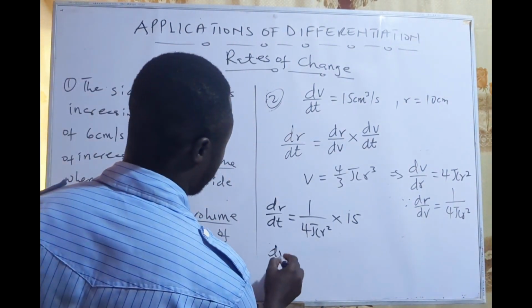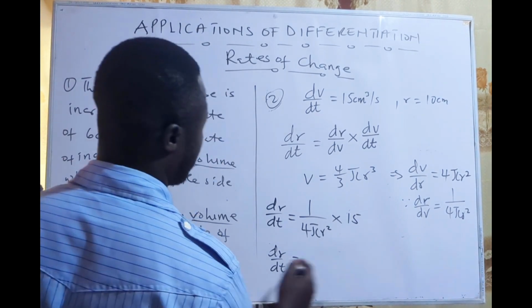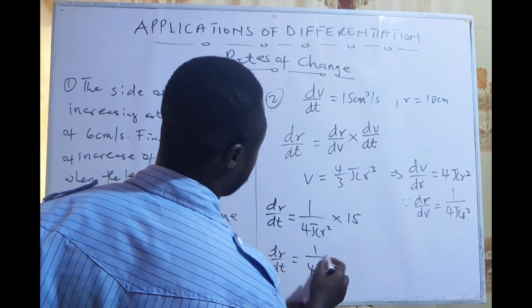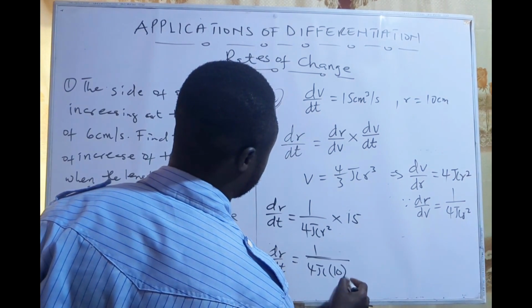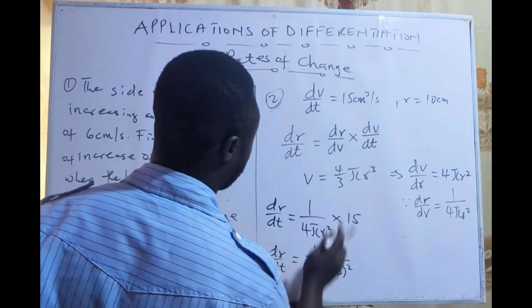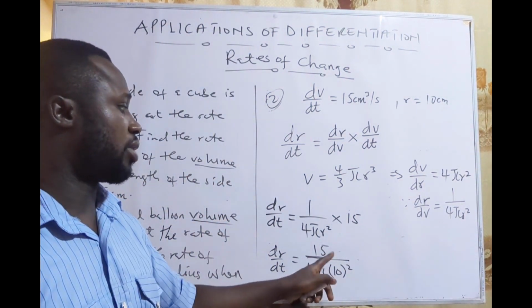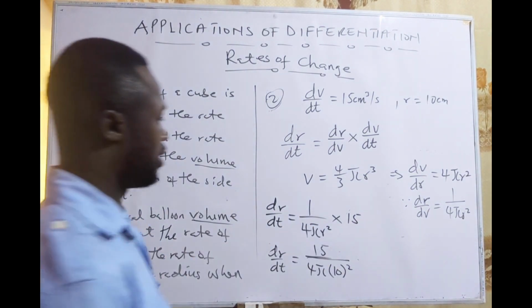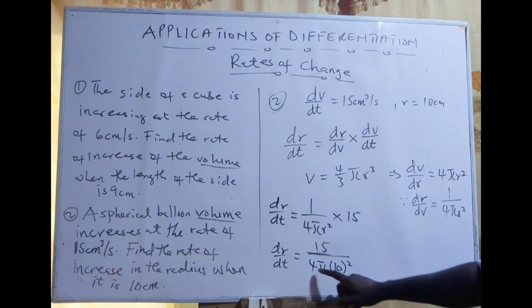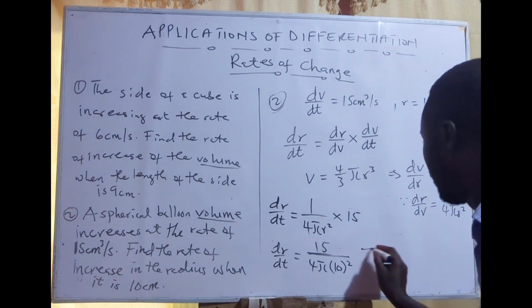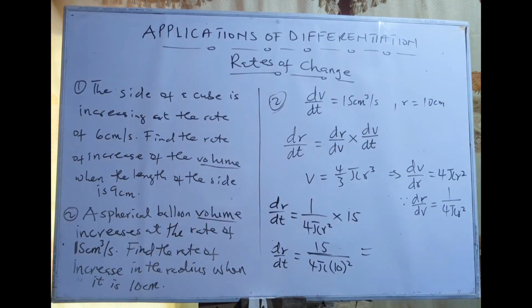So dr/dt is 1 over 4 pi times 10 squared, times 15, which gives 15/(4 pi times 10 squared). The radius is 10, and 10 squared is 100. So 4 times 100 is 400.